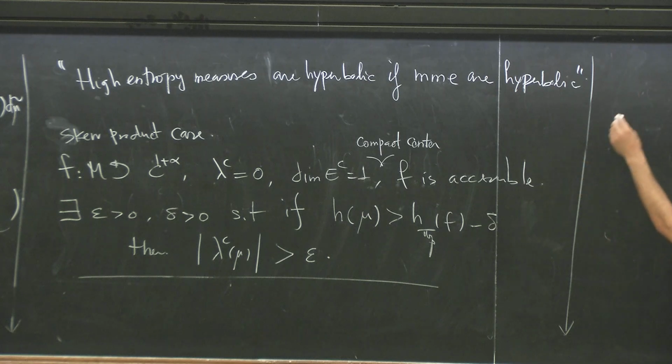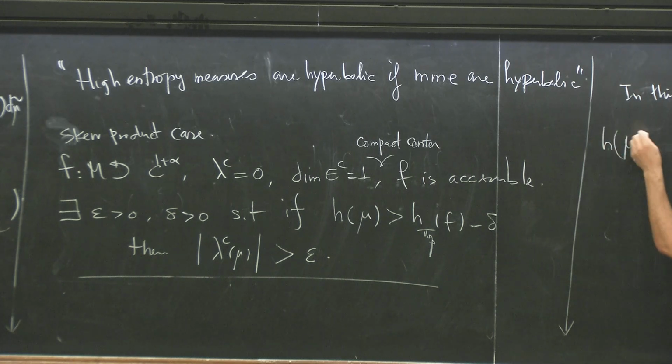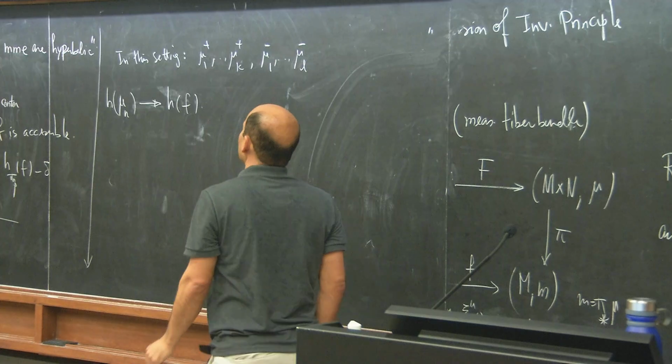What happens in this setting is that you have finitely many measures of maximal entropy, some of which have positive Lyapunov exponent on the center, and some of which have negative Lyapunov exponent along the center bundle. Suppose that you have a sequence of measures whose entropy converges to the entropy of the map, okay?